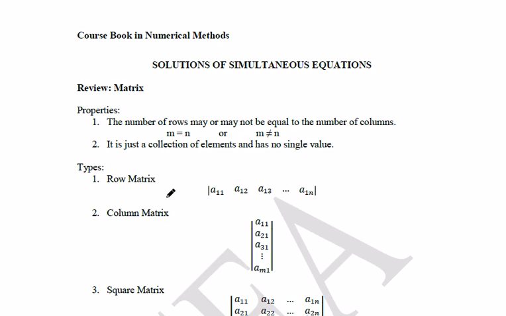As you can see in the example, in a row matrix, the elements are arranged in a row. In a column matrix, there is only one column and the elements are arranged in a column manner.